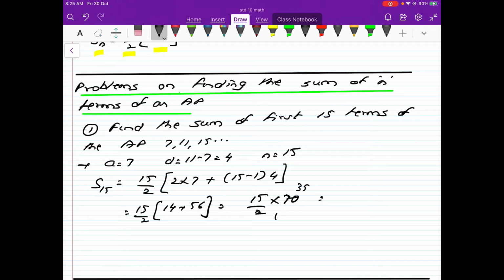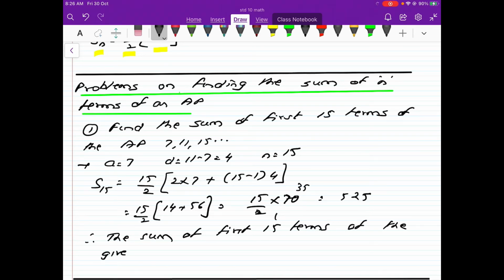So 15 into 35 will do: 75 for 15, 45 and 7, 525. So it is 525. Therefore we will say the sum of the first 15 terms of the given AP is 525.